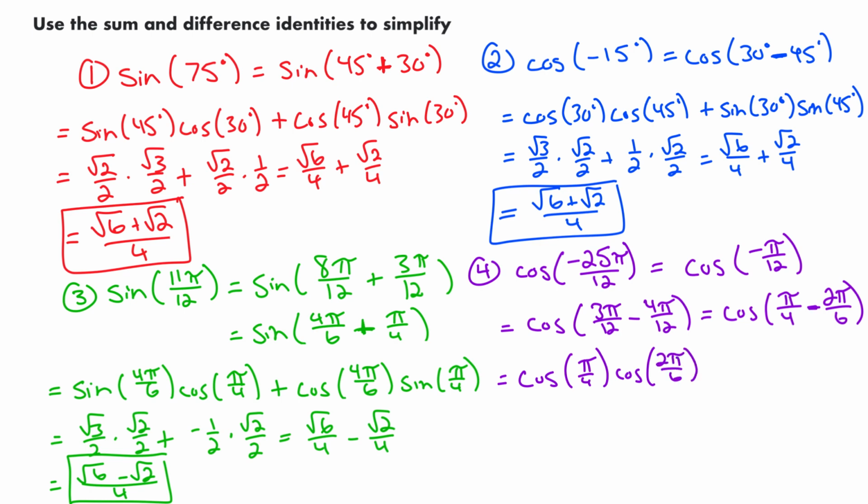Because we have a subtraction sign inside of the sum and difference identity, we're going to use an addition here. That'll be sine of the first angle, sine of the second.